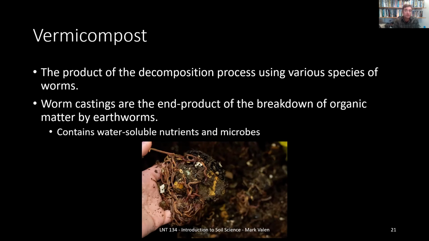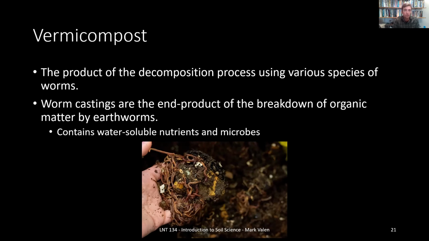There's several species of earthworms that you can use. The primary species is the red worm or the red wiggler. And in nature, that one lives in the leaf litter on the forest floor. And so its diet consists of 100% organic matter. It consumes organic material quite quickly. And so if you've got a pound of worms, at least a half pound a day of organic material can be processed by the worms.